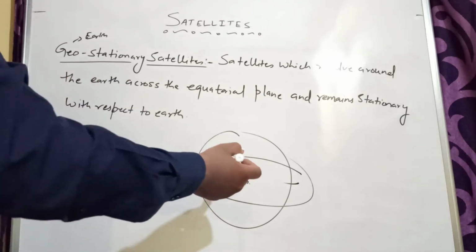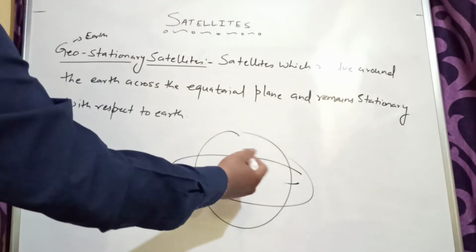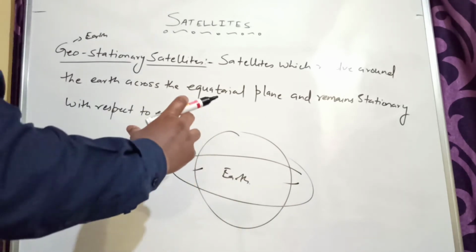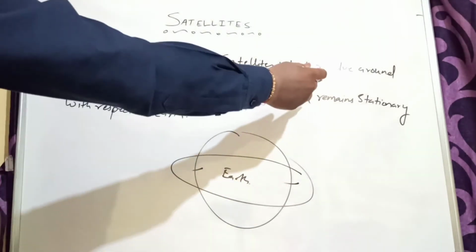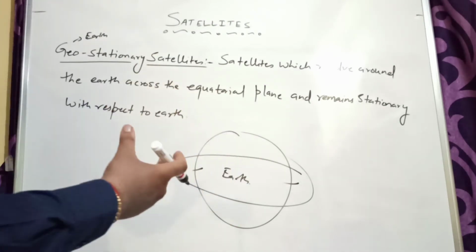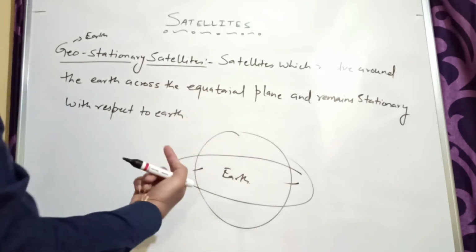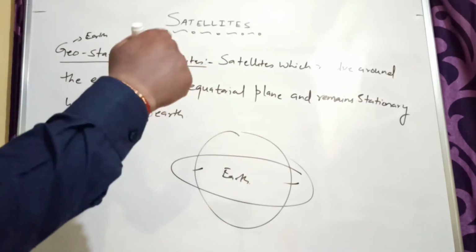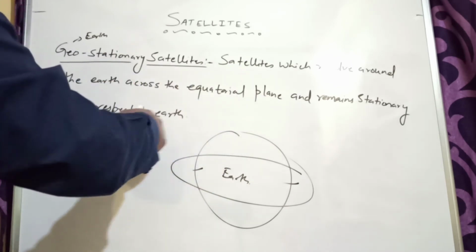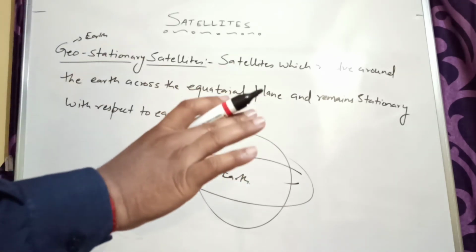It means that if you launch the satellite across this orbit, then the time of revolution of this satellite is the same as the time of rotation of Earth. The time taken by the Earth to rotate one complete round is equal to the rotation time of this satellite, approximately 24 hours.